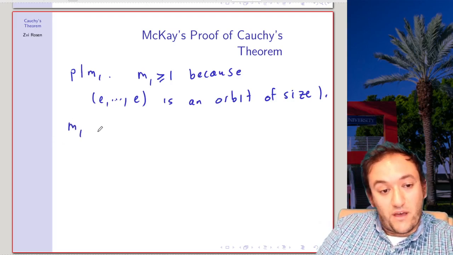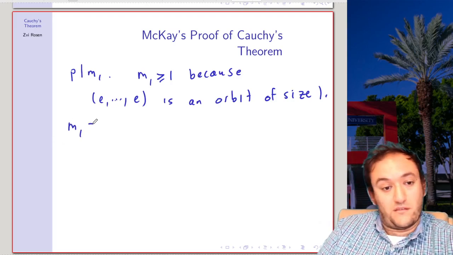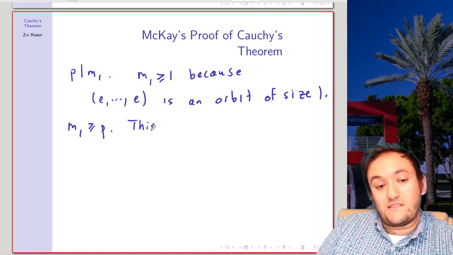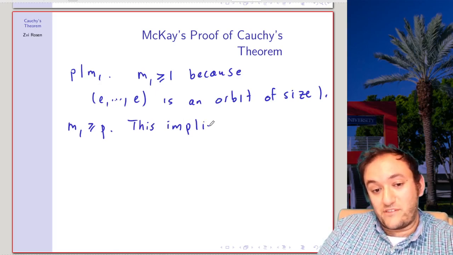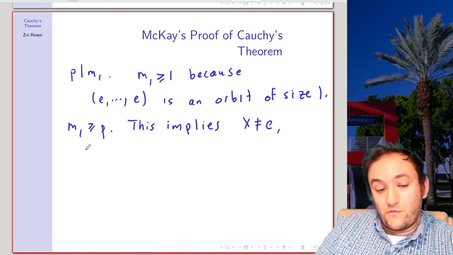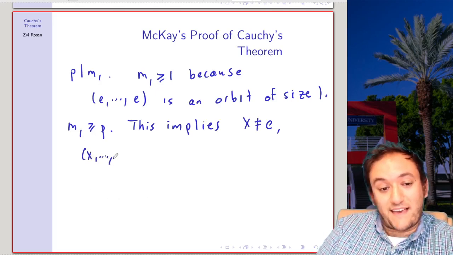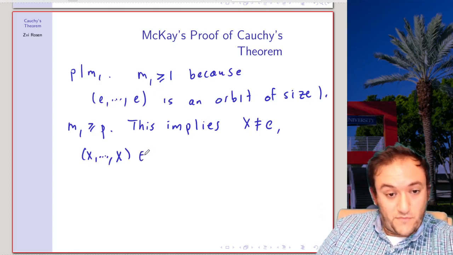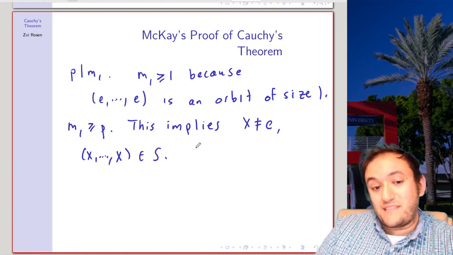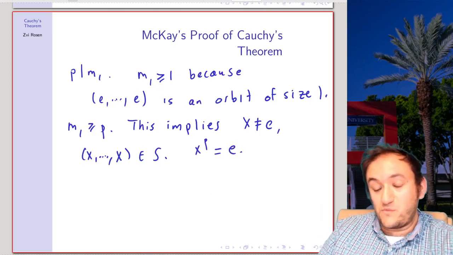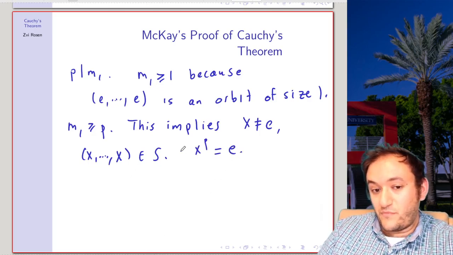So m1 must be greater than or equal to p, which implies that there's an element x not equal to e, which has (x, ..., x), also an orbit of size 1, which is in S. But that means that x to the p equals e, which is what we were looking for. Okay?